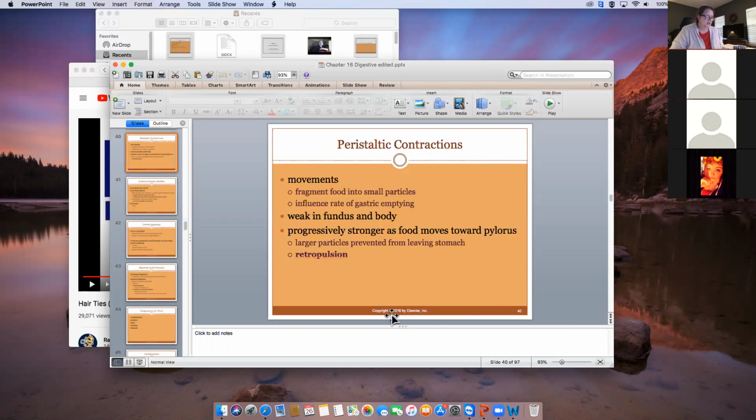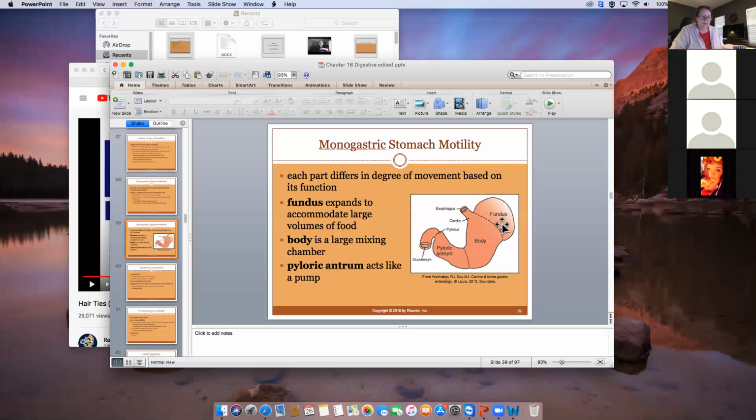That Strange Addictions show. So the big moral of the story here is this retropulsion that I was talking about. Here are the hair ties going in, 1, 2, 3.